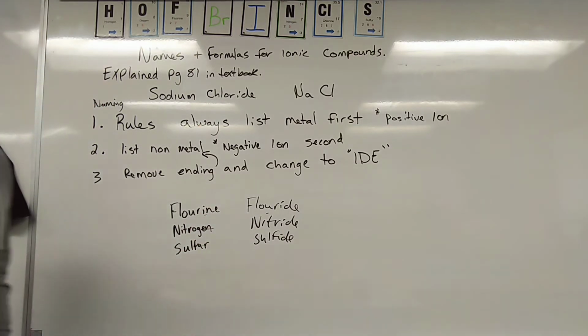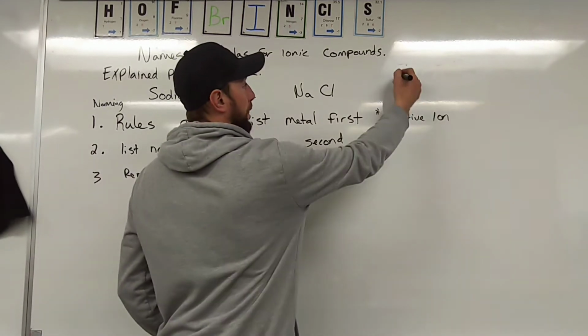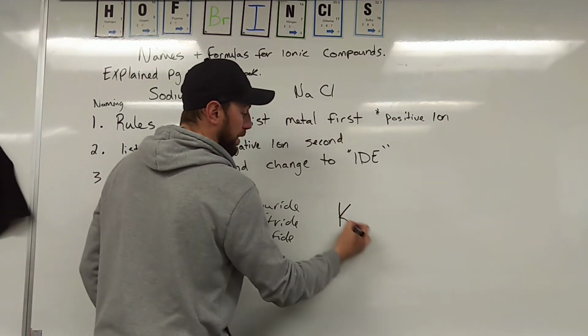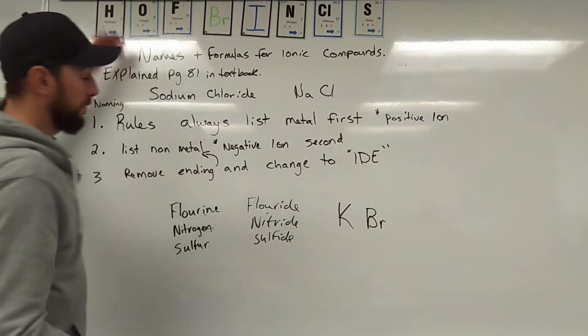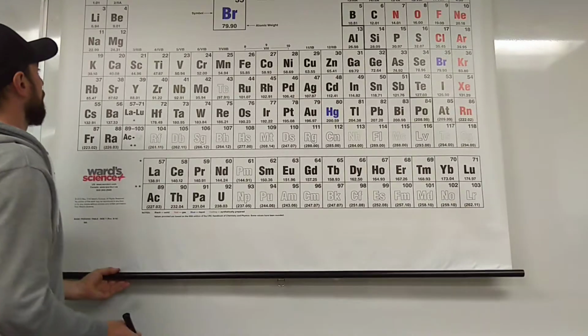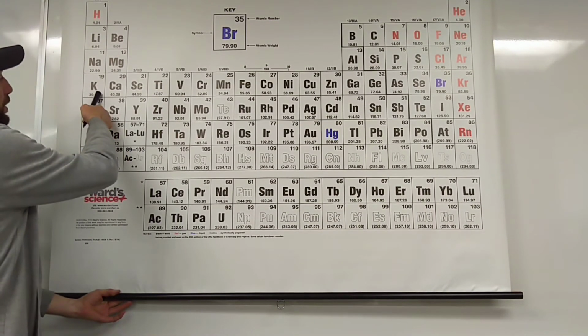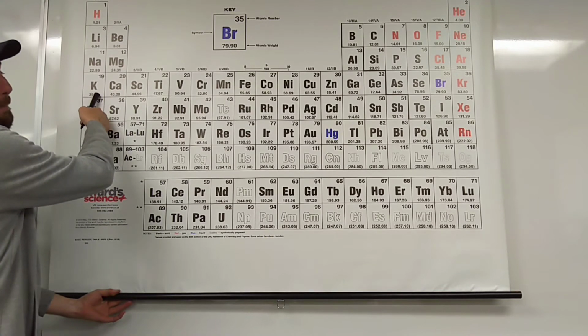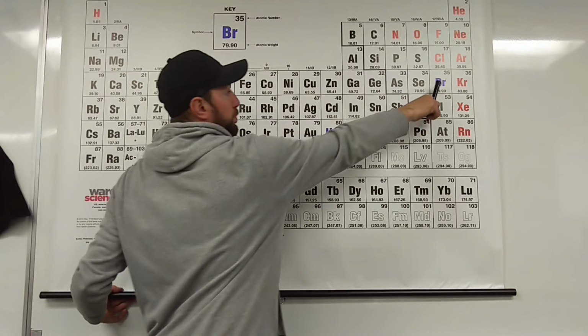So if I gave you an example, KBr, first thing we're going to do is go to our periodic table. K is a what? What is K? Potassium, and it is a metal, and Br is bromine.